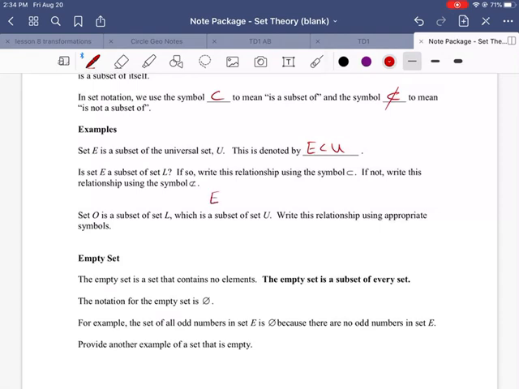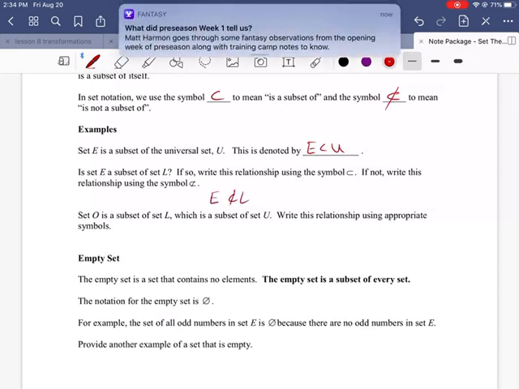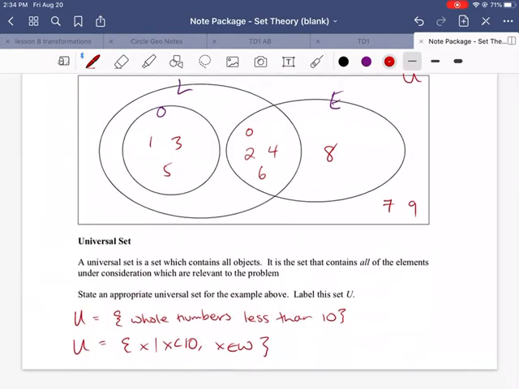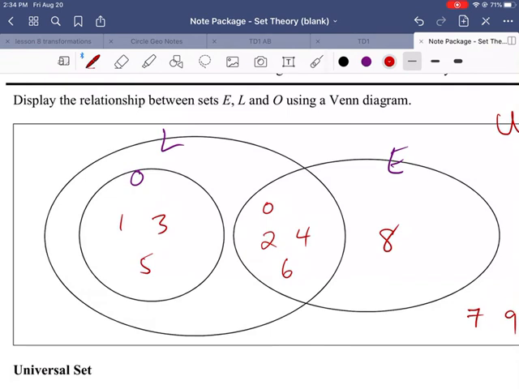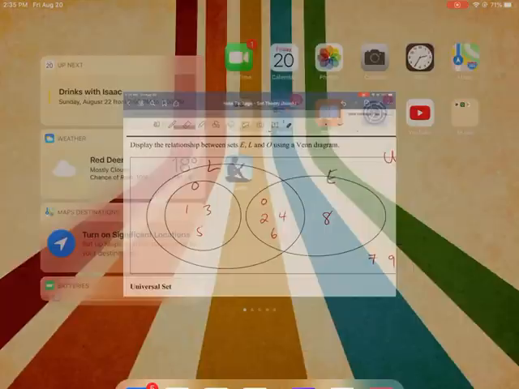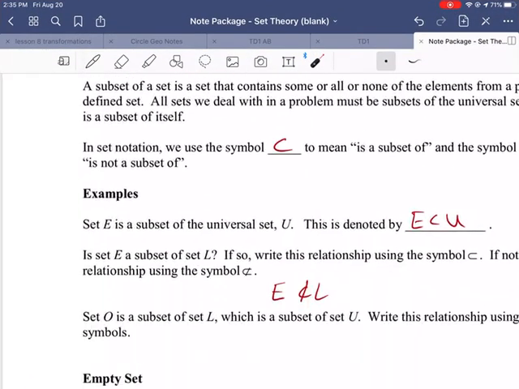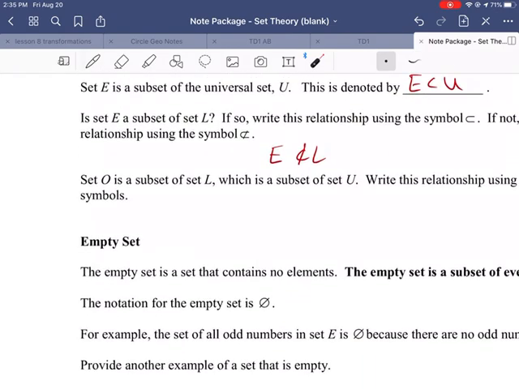So E is not a subset of L. Set O is a subset of L, which is a subset of U. So if you look back to this picture, O is contained within L, and L is contained within U. How we define this, you just use additional symbols.